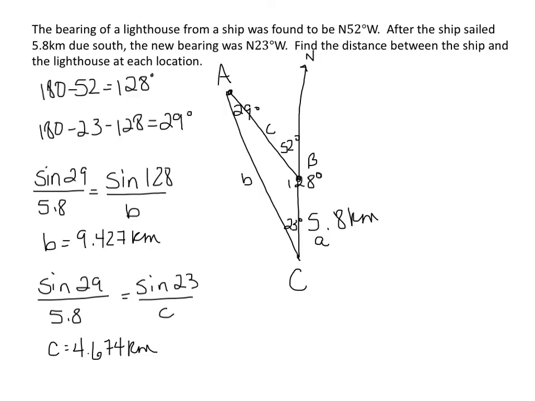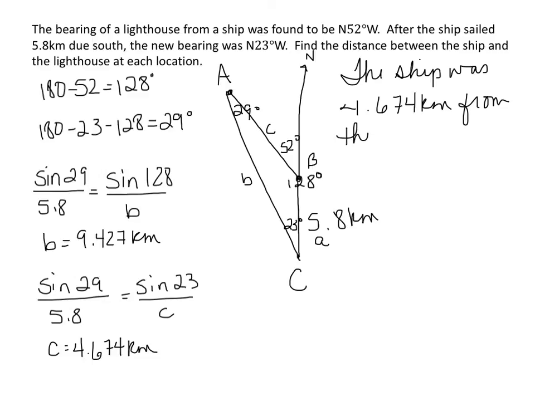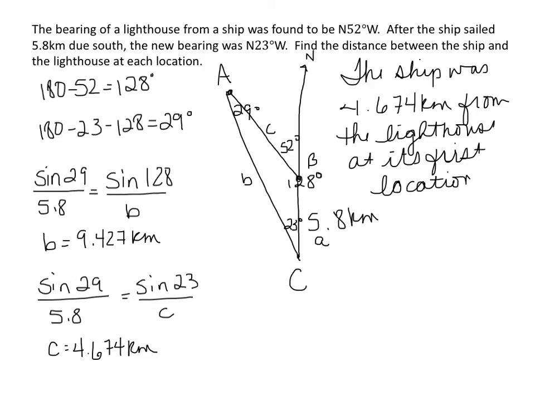So I might say, the ship was 4.674 kilometers from the lighthouse at its first location and 9.427 kilometers at its second location.